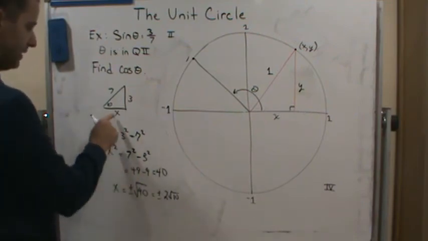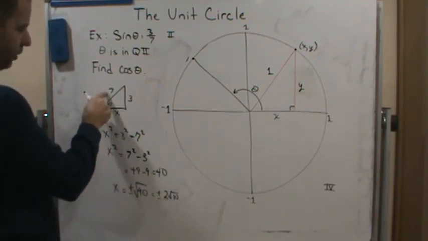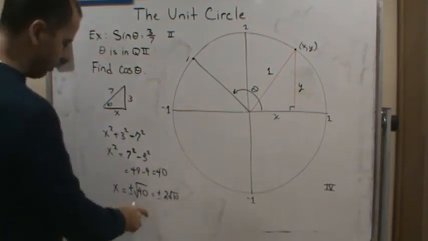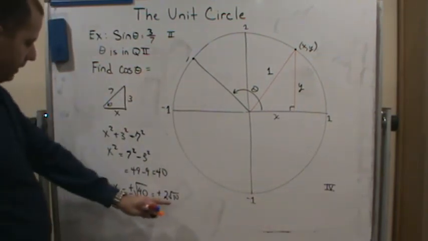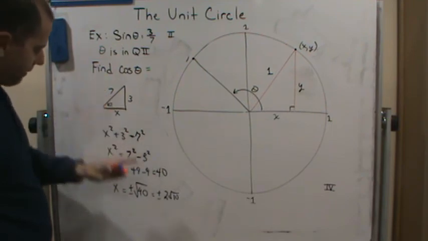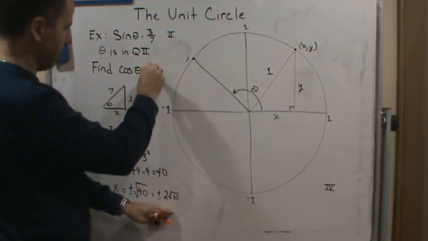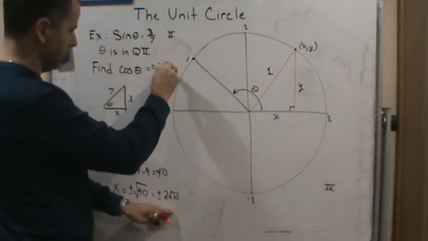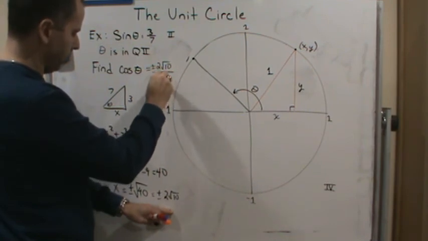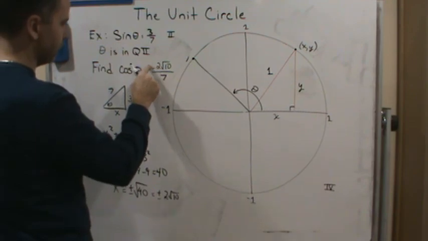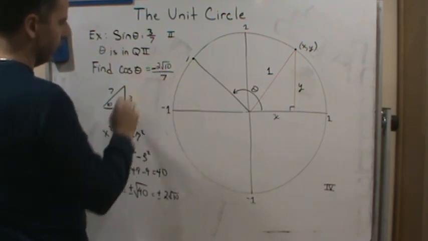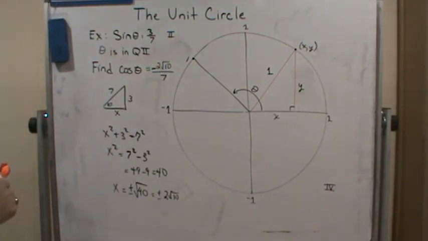Cosine of theta is adjacent over hypotenuse. Well, that would mean that it's equal to x over 7, which is plus or minus 2 root 10 over 7. And again, because it's in the second quadrant, it's going to be minus, and we get the same answer.